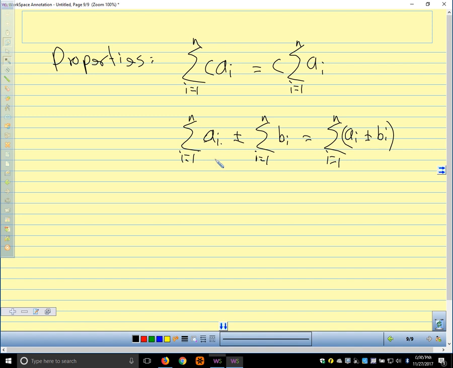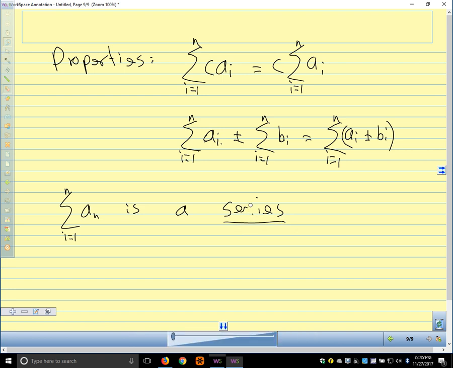Well, we give these sums a special name. We call this a series. So we call a sum a series. So a series is the terms of a sequence added together.